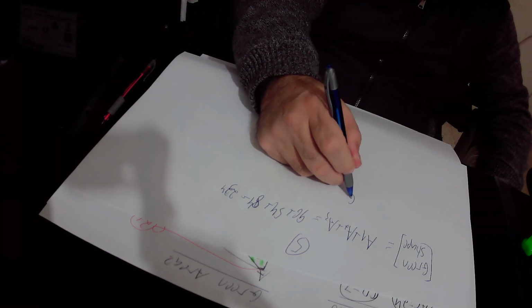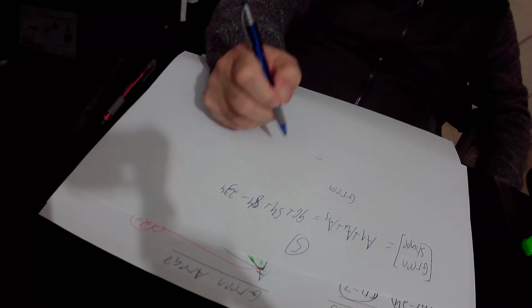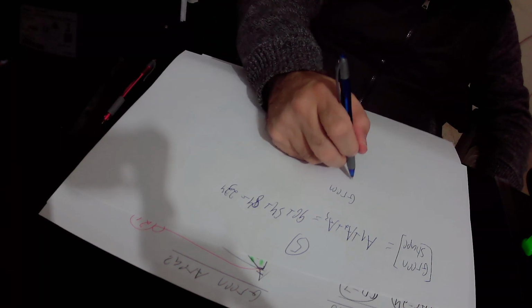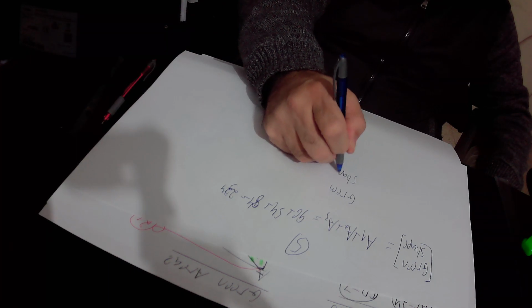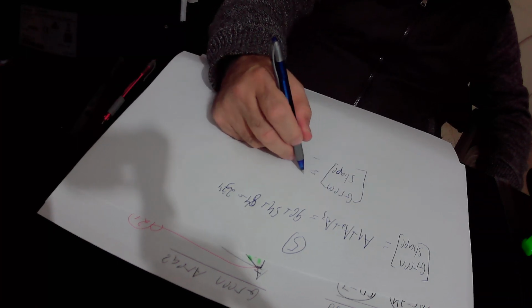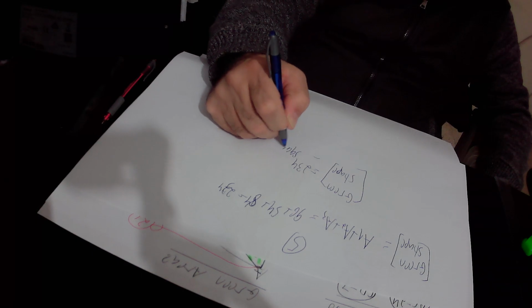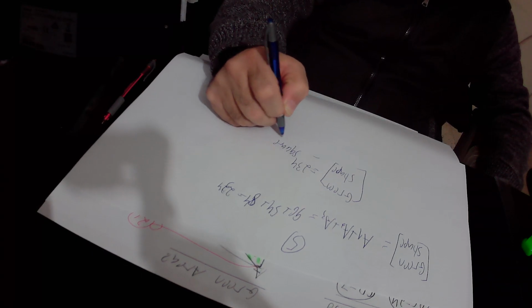So we found out in conclusion that the area of the green shape equals 234 square units.